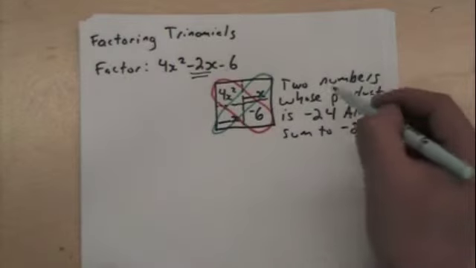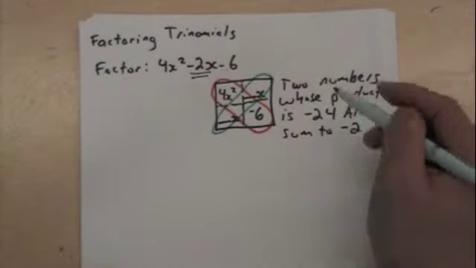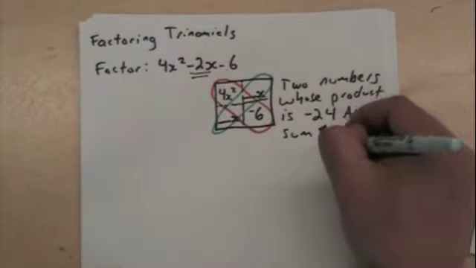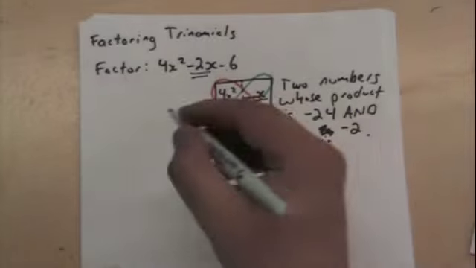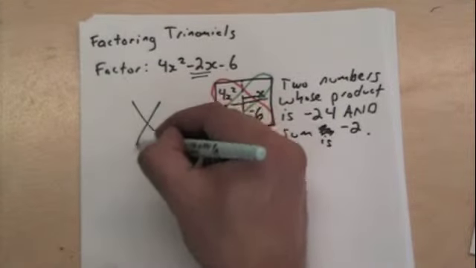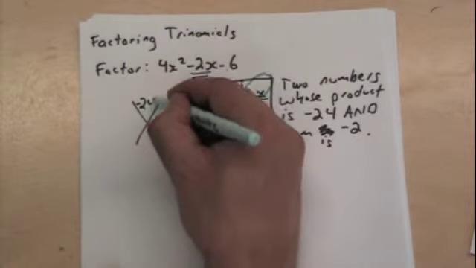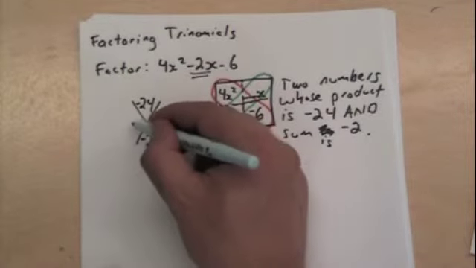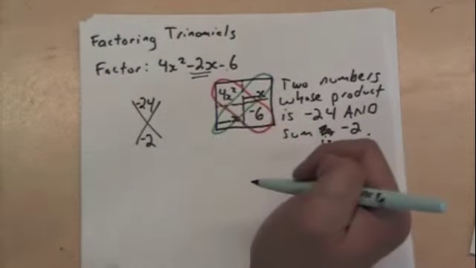So we're looking for two numbers whose product is negative 24 and sum is negative 2. Well, maybe you remember the diamond problems from 9th grade, maybe not. So there's negative 24, there's negative 2. So this times this has to equal negative 24, this plus this has to equal negative 2.